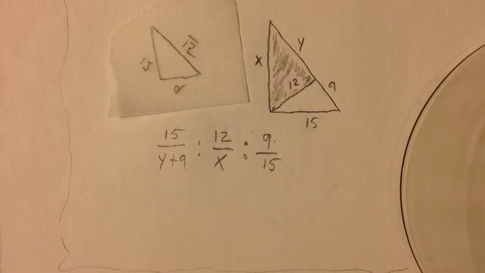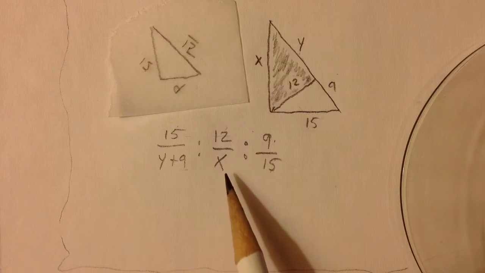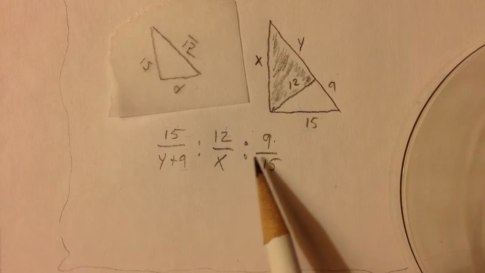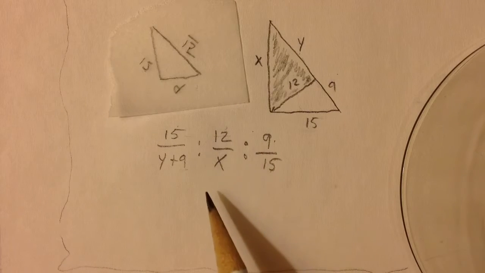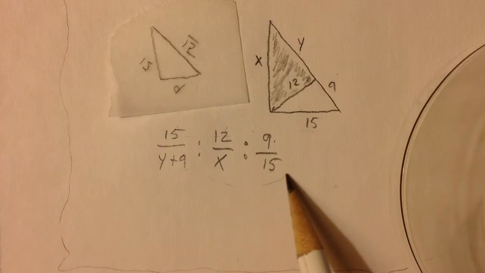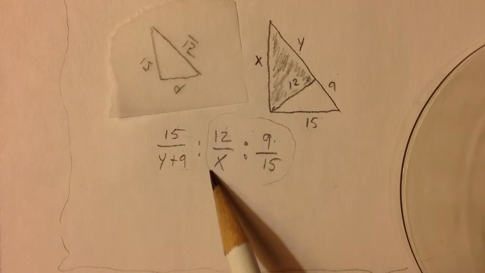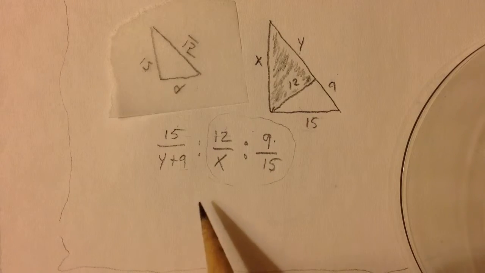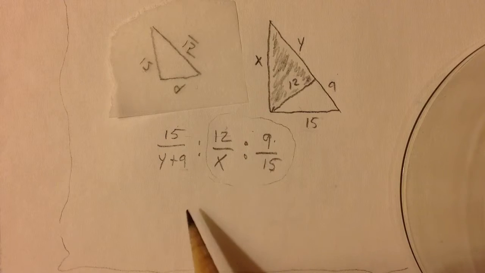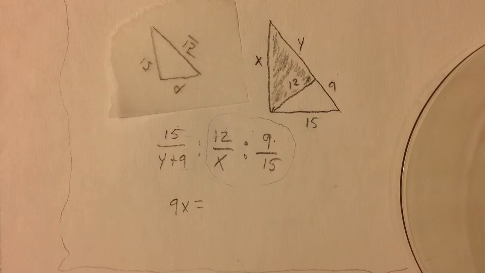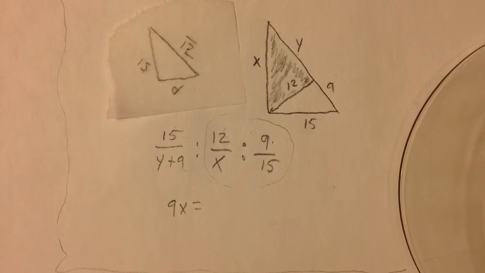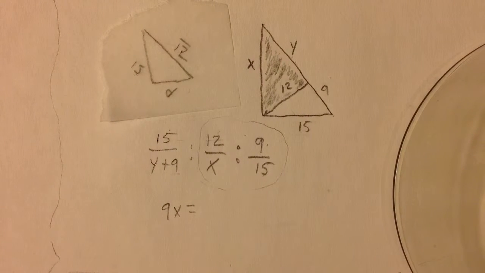An easy place to start, I think, would be this chunk right here, and solve for x. So we could simply say 9x equals 15 times 12, which is 180.